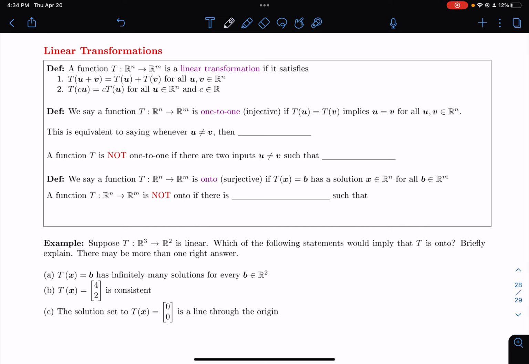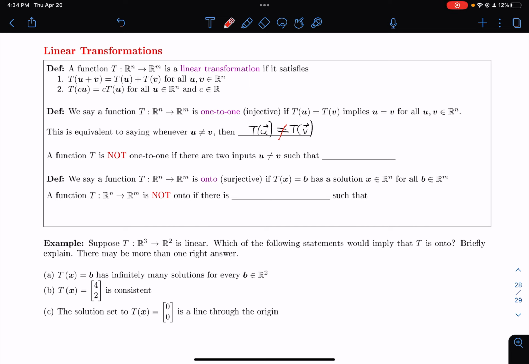Well, that's equivalent to saying that whenever my input vectors u and v are different, then their output vectors T of u and T of v are not going to be equal. So I'll put a slash through that equal sign.